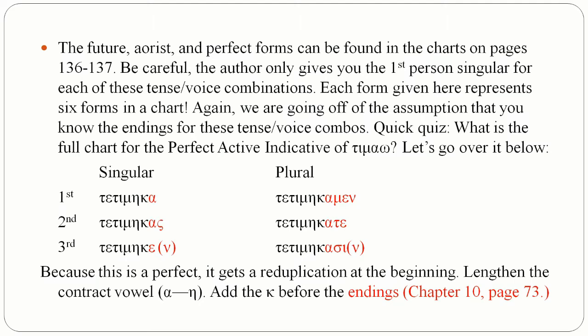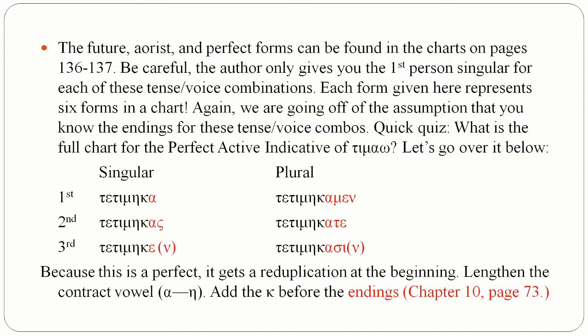The perfect active indicative endings now appear in red. If these do not look familiar to you, look at page 73 in the textbook, okay, chapter 10. Remember, this is a perfect tense, so there's no contraction happening, okay? You don't have to worry about contracting the alpha with the alpha, okay?